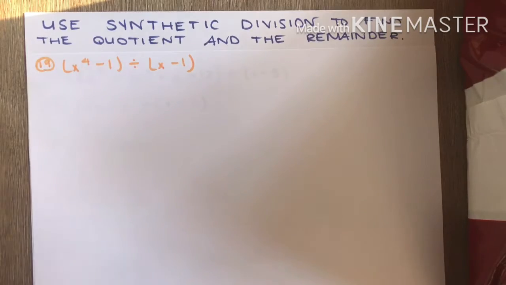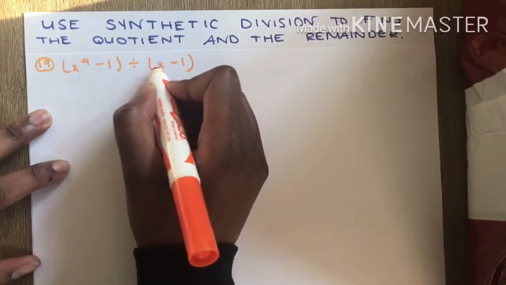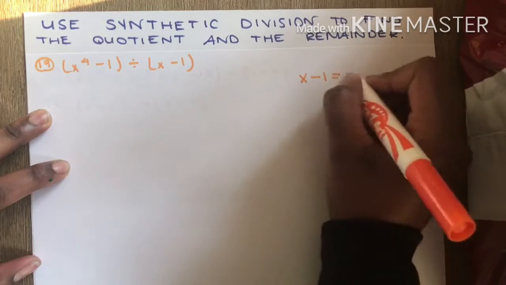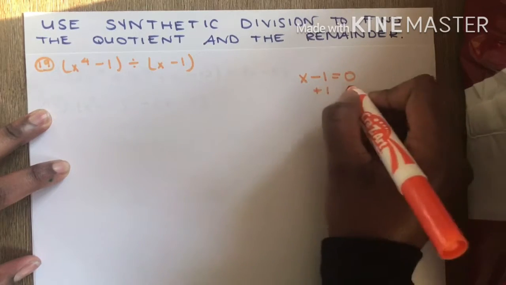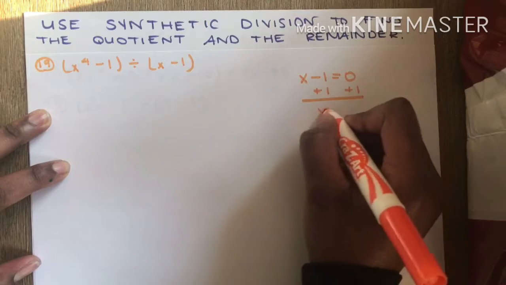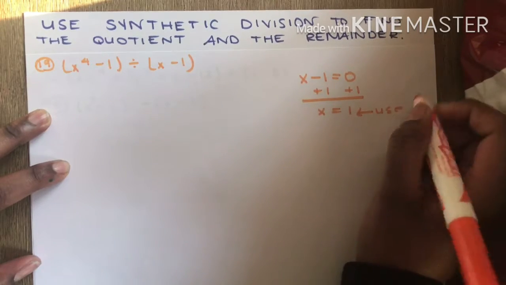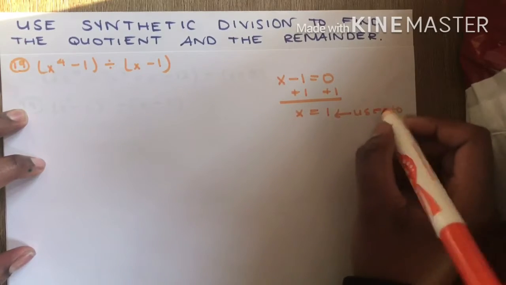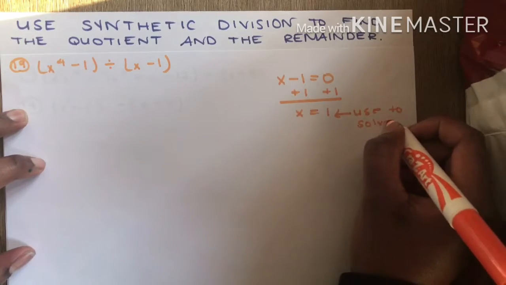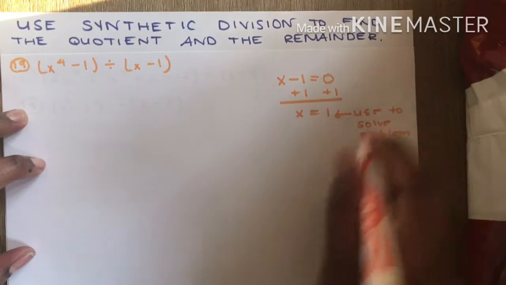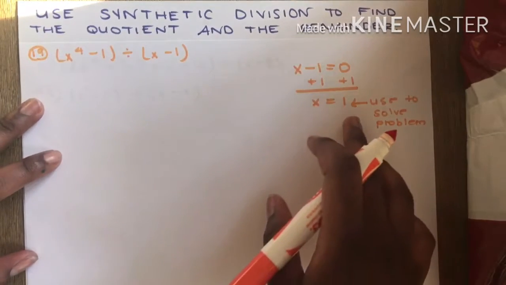So before we begin, we have to set x minus 1 equal to 0 to figure out the number itself that we're going to be using to solve and divide by. So x equals 1, that's the number we are going to use to solve the problem. In long division, the number 1 would be on the outside of the little brackets.